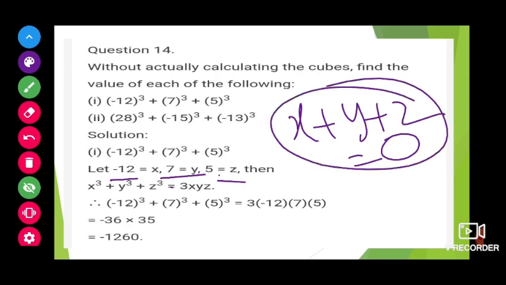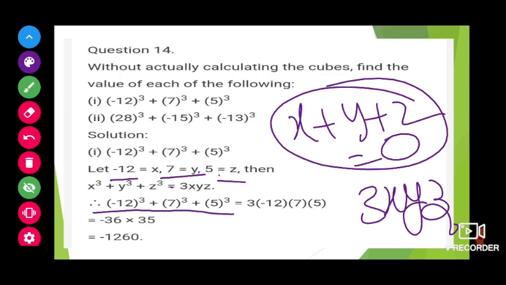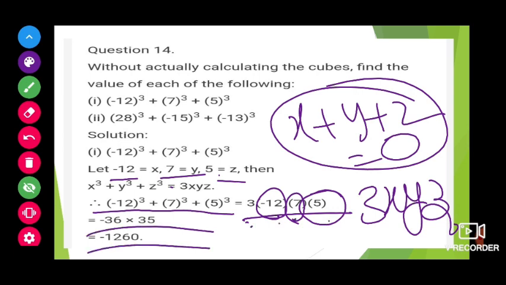If this is 0, what can we write? x cube plus y cube plus z cube is equal to 3xyz. So substituting, 3 into x minus 12, y 7, z 5. If we multiply, 12 3s are 36, 7 5s are 35. If we multiply entirely, we will get minus 1260.